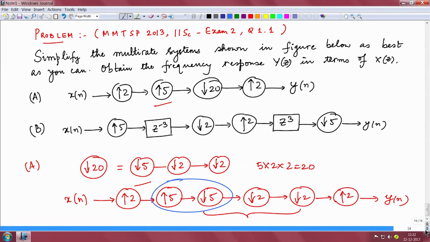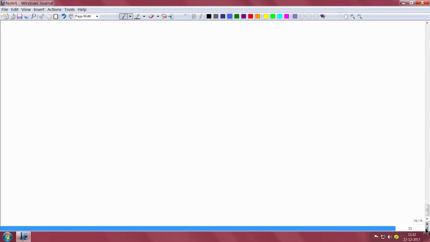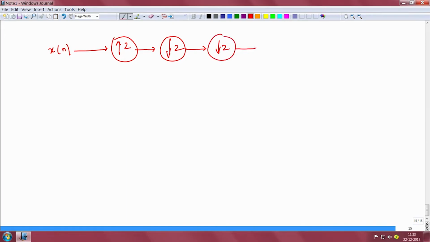So, next, simplifying further, we have the upsampler by a factor of 2, and then we have 2 downsamplers, then we have the upsampler 2, and then we have y[n].